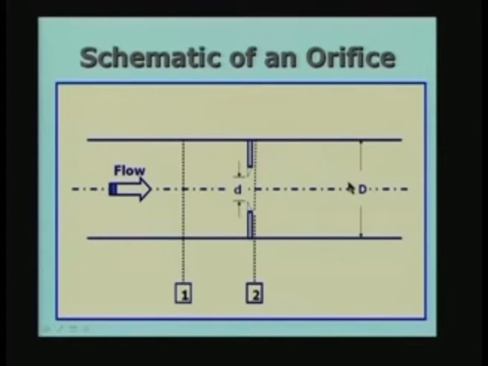This d is less than capital D. So, the area in the pipe corresponds to capital D, and small d represents the orifice; the corresponding area will be the orifice area. And what we have done is deliberately introduced an area change here by introducing a small plate with a hole in it.